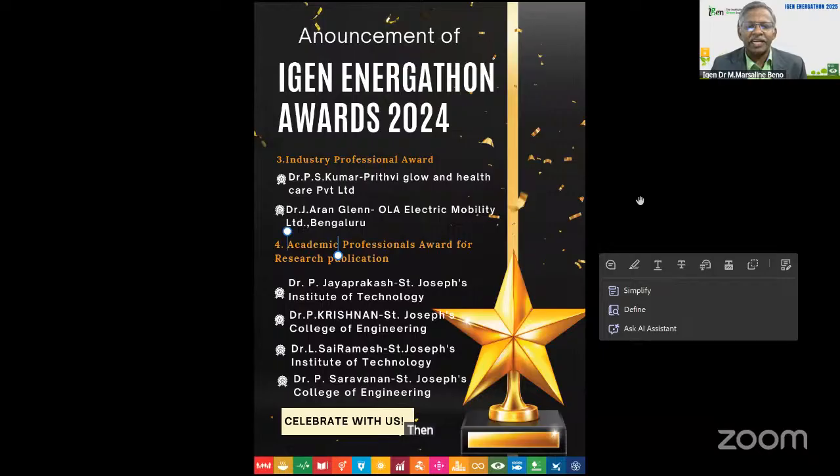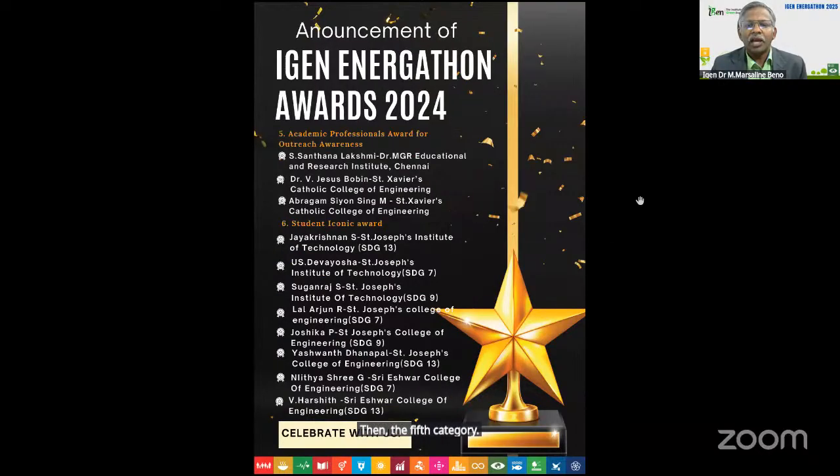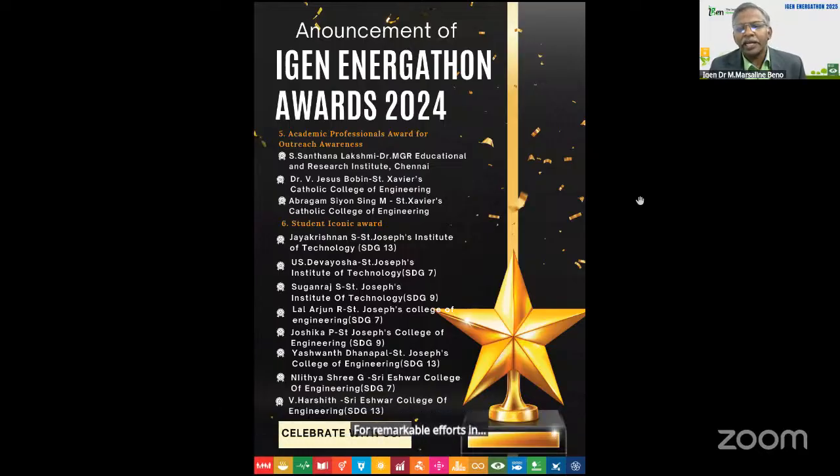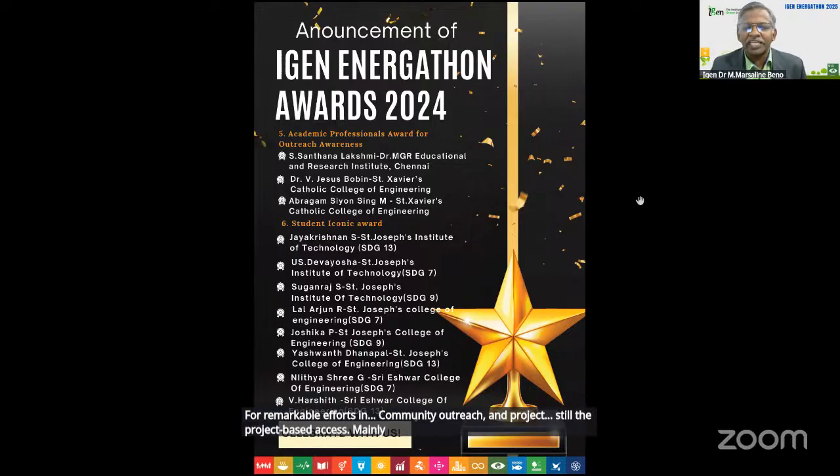Then the fifth category, Academic Professionals Award for outreach and SDG project involvement, for remarkable efforts in community outreach and SDG project-based actions, mainly the SDG 99 challenge.